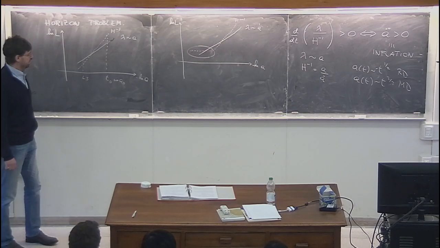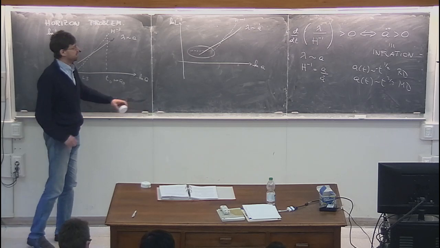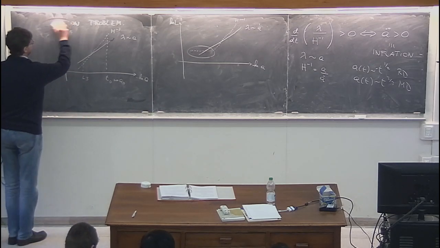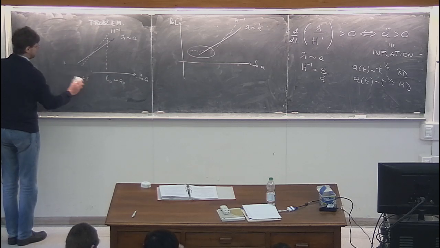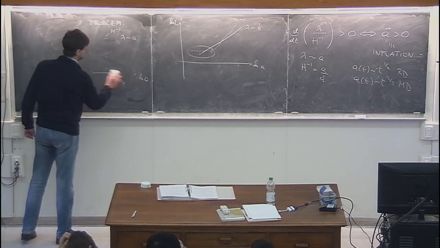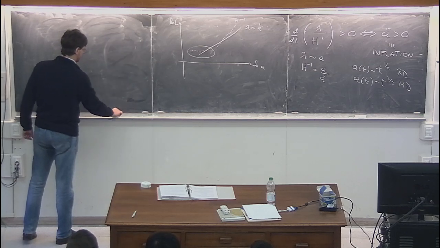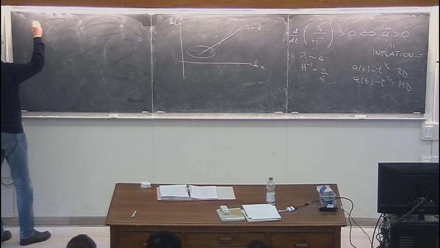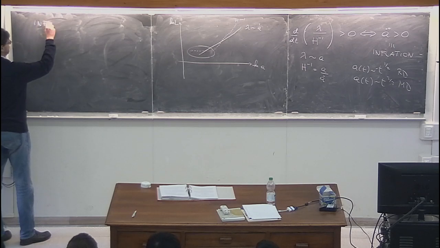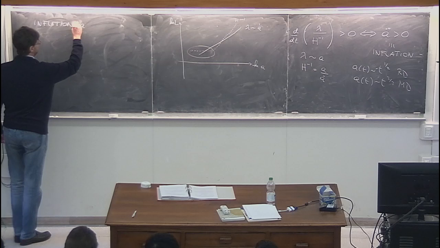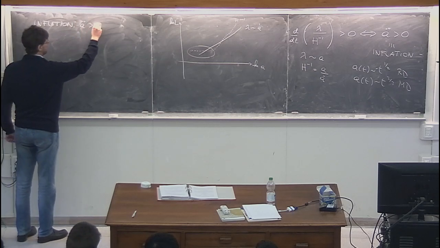Okay. Very well. So now, let's suppose, for the time being, and this is an assumption that I will try to explain in the rest of the lecture, that we are in a period of inflation. Okay, so a double dot is larger than 0.